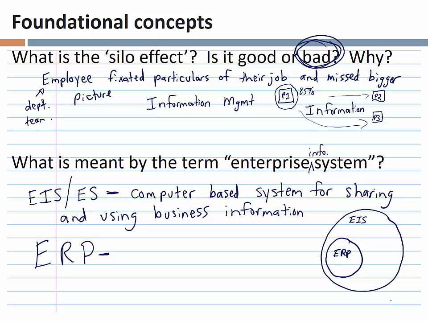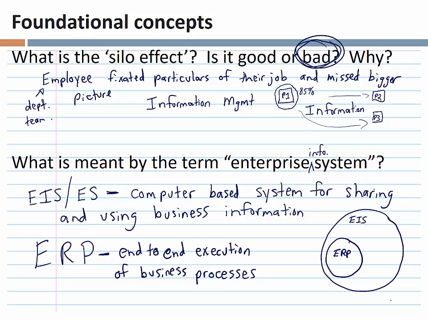What ERP systems are focused on is end-to-end execution of business processes. Now, what do I mean when I say end-to-end execution? I mean that we throw a particular business process at it, the fulfillment process.